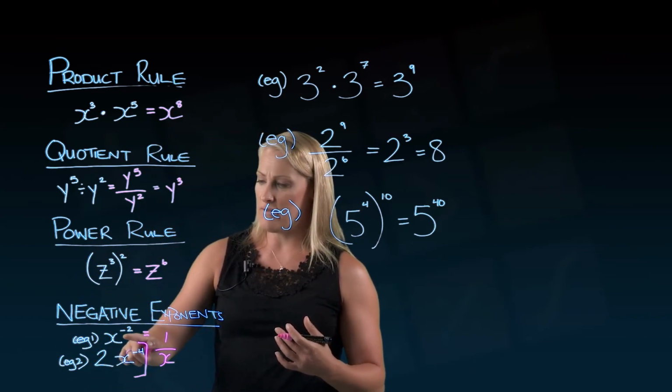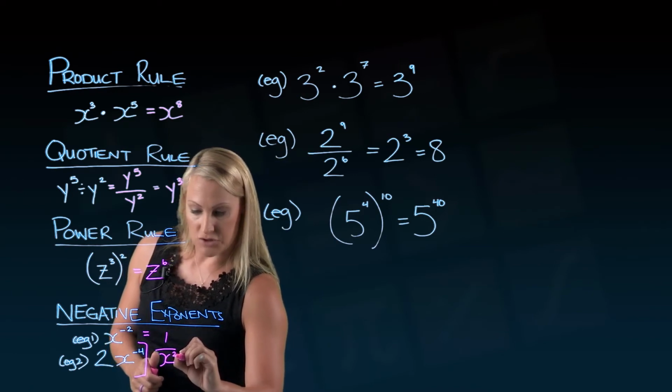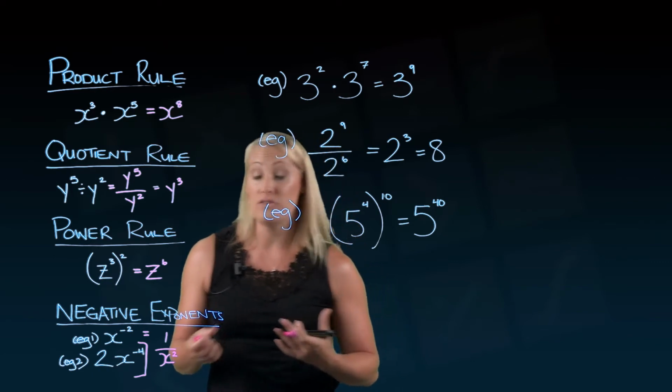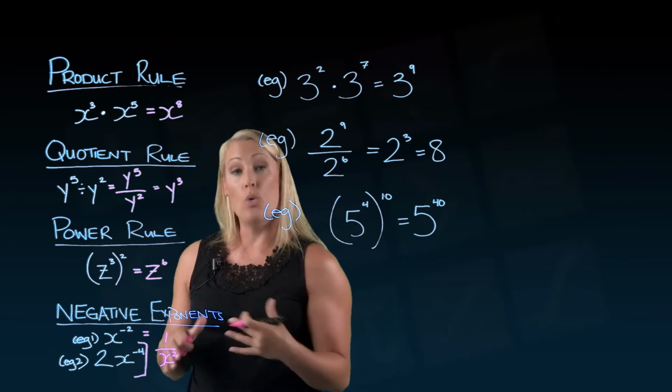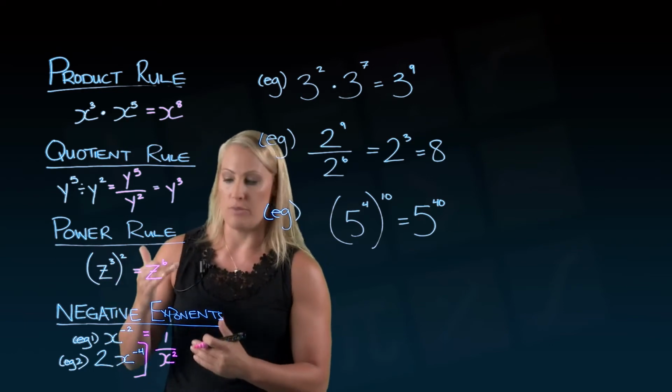And now instead of having that negative 2, I can give it its exponent, except that I can change that negative to a positive. So x to the power of negative 2 is the same as 1 over x to the positive 2. I've just moved it from the top of a fraction down to the bottom.